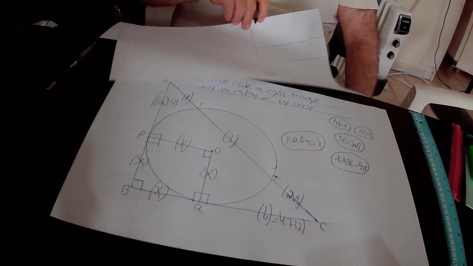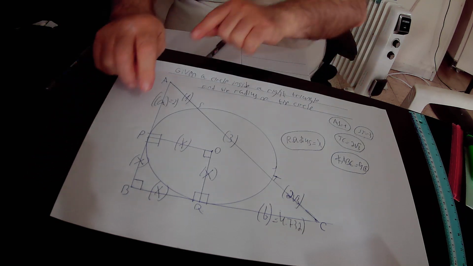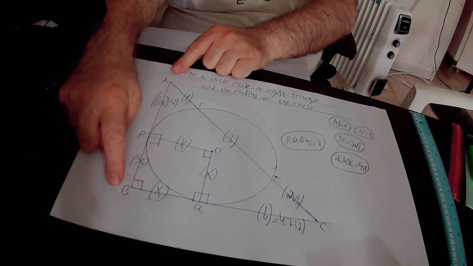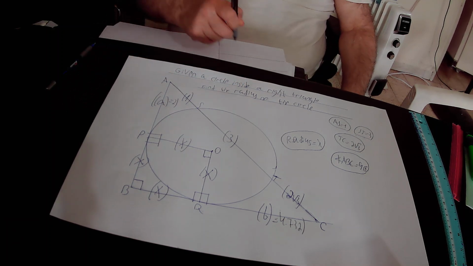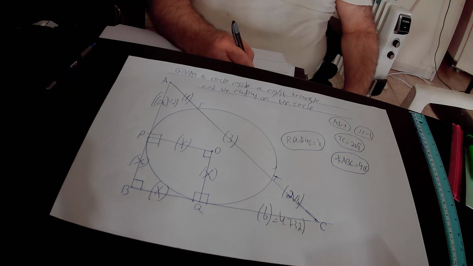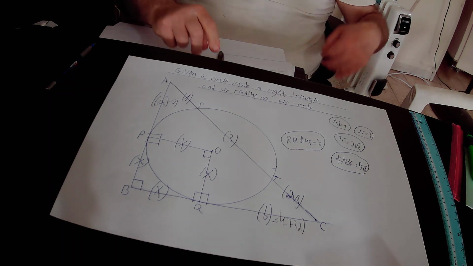and it equals AB squared. From the drawing, it is very easy to see that AB equals x plus 2, therefore AB squared equals x plus 2 squared, plus BC squared.